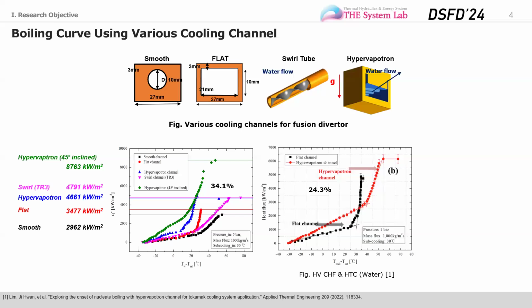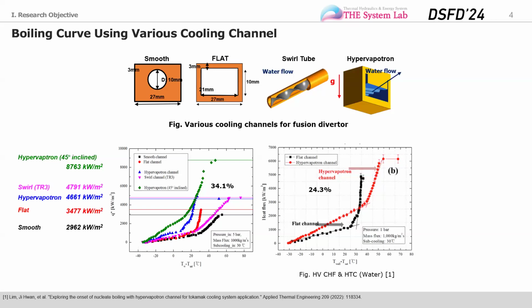As you can see in the left figure, the swirl tube and hypervapotron cooling channels have higher critical heat flux compared with the flat channel and smooth channel. Especially, the hypervapotron cooling channel has 34.1% higher critical heat flux than the flat channel case.